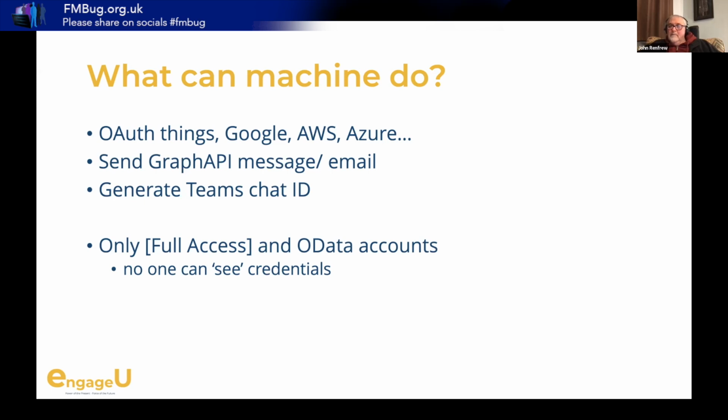So I'm never going to say it's 100% secure. But what you've done is reduce the level at which anybody else can see your OAuth credentials, because they'd need your full access password. And even if they could find out what your OData account name was, the only thing you can do with that is run a script, because you won't let it talk with FileMaker, certainly.